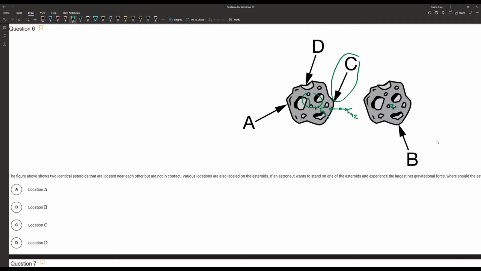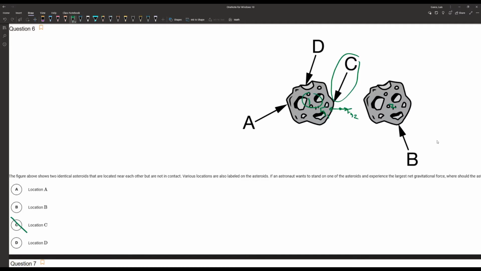So because these guys point in opposite directions, these are going to cancel themselves out. So C is probably going to be where the gravitational force is the weakest, because one guy is pulling me away from the other asteroid, and I'm going to feel slightly less heavy, or significantly less heavy, actually.